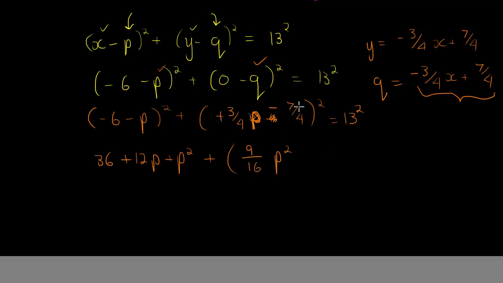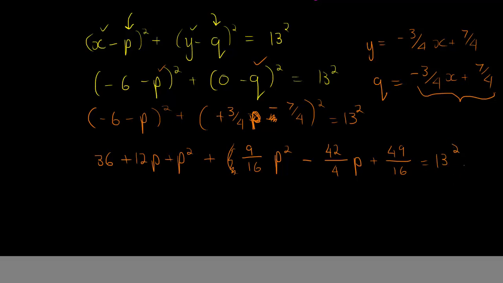These two multiplied together gives me negative 21 over 4, and another negative 21 over 4 gives me negative 42 over 4. So negative 42 over 4 P, and then the last one is plus 7 over 4 squared, which is 49 over 16. Okay, and just add it together, so I don't need the bracket, is equal to 13 squared.